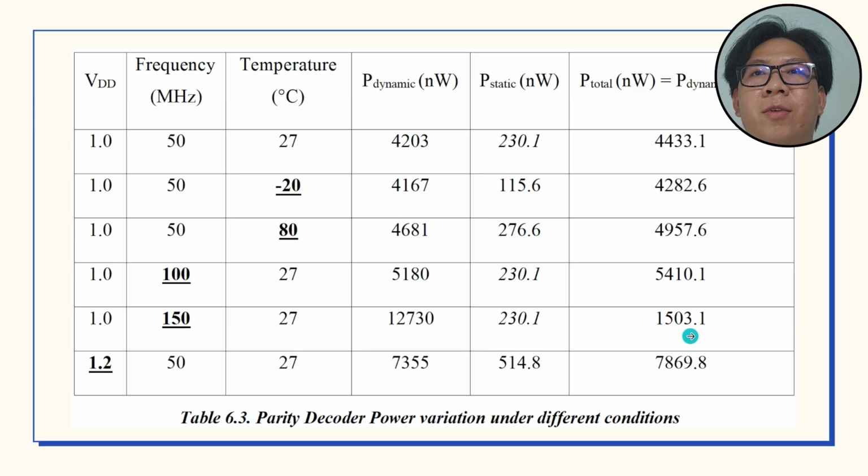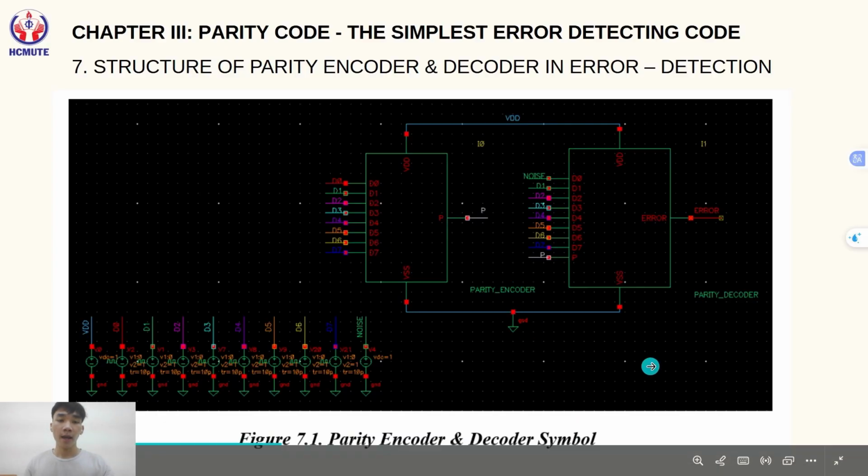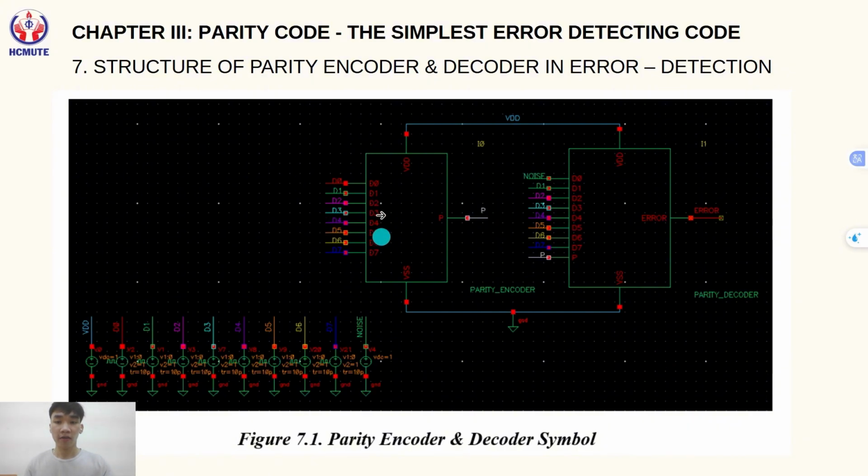But when we change the voltage to 1.2, keeping the frequency and temperature the same, we can see the dynamic power and static power increase alongside, giving us a total power of 7,869.8 nanowatts. And next, I will present the parity encoder and decoder structure for error detection.